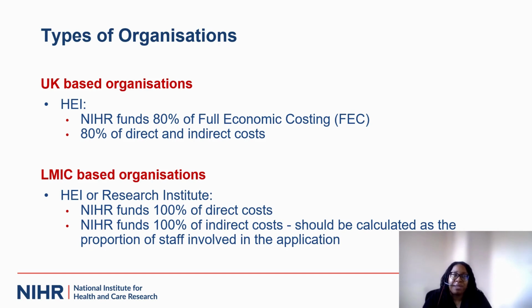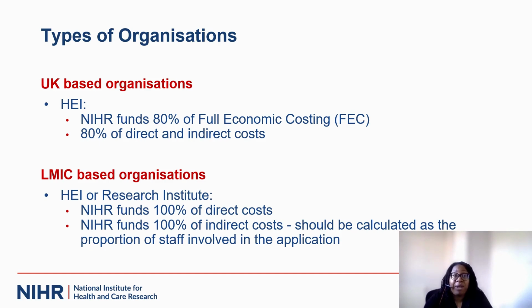Where the host organisation and partner organisations are based in LMICs, you can put in for 100% of the direct and indirect costs. Just as a reminder here that you will need to check that your HEI or research institute is on our list of eligible organisations, as we have limited this award to organisations which have been a partner on an existing NIHR funded global health research unit, group or programme.